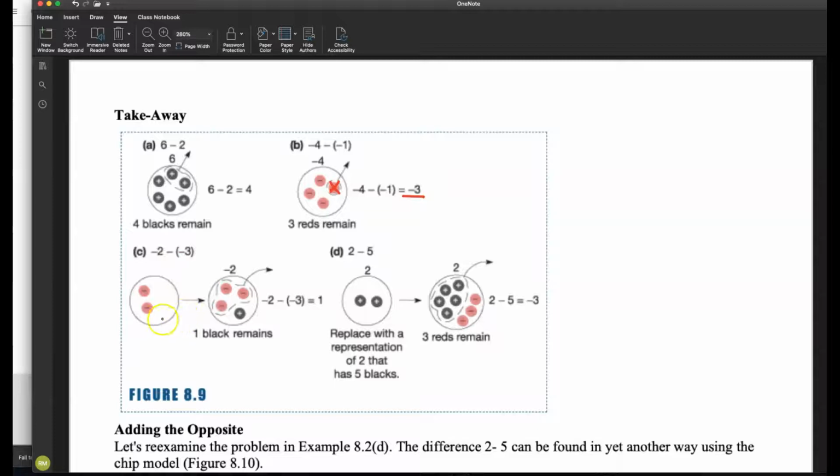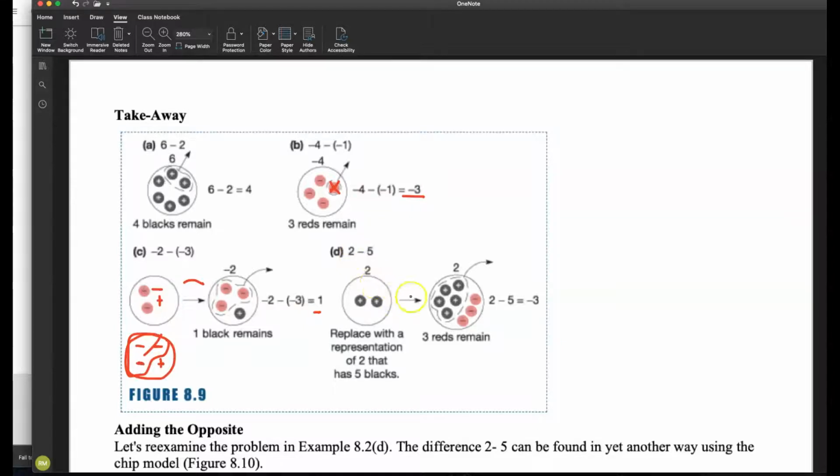You start with 2 negatives, but if I add a positive and negative, that's still equal to negative 2. Now I'm going to take away the negative 3. If I take away that negative 3, that's gone, and you're left with positive 1.